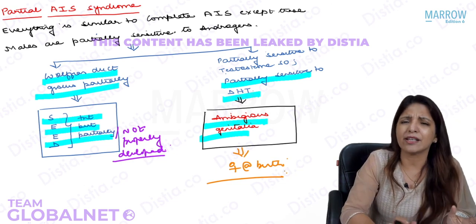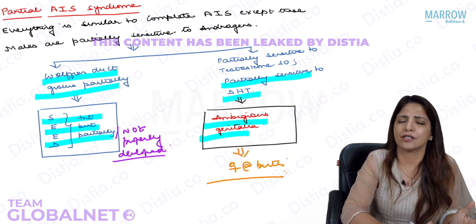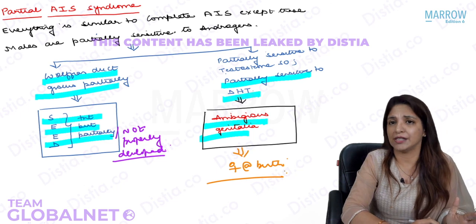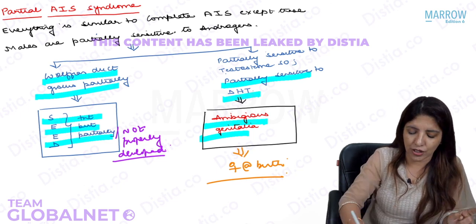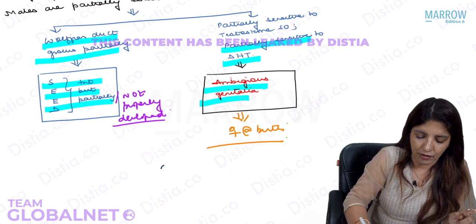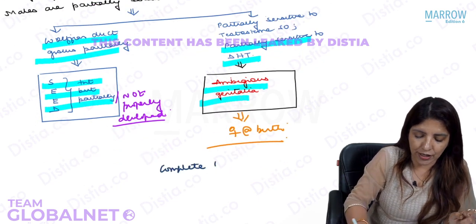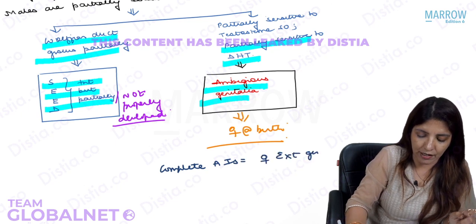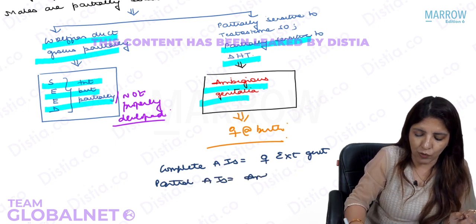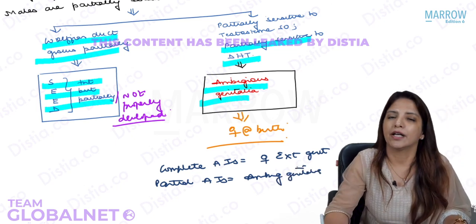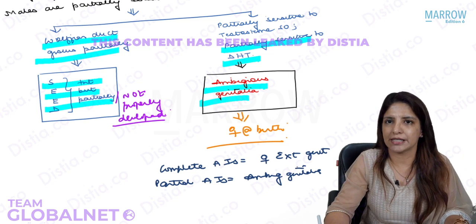And then everything is same for partial androgen insensitivity and complete androgen insensitivity. The only difference is that in complete androgen insensitivity, you had female external genitalia, whereas in partial androgen insensitivity, there is ambiguous genitalia. Other than that, there is no difference.